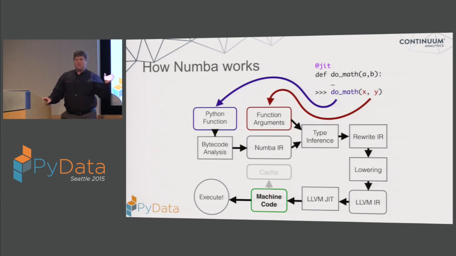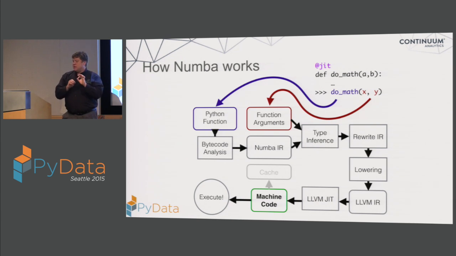After type inference, it rewrites the Numba IR, inserting type information. Then it takes that information and lowers it to something closer to LLVM IR, where some optimizations occur. Then finally, it emits that IR I showed you, that complicated LLVM IR. At that point, LLVM takes over, calls the JIT of LLVM, which takes that IR and produces machine code, and that machine code is then executed.